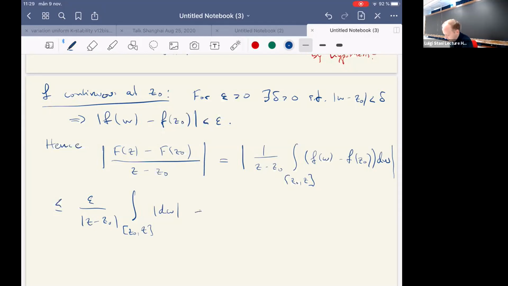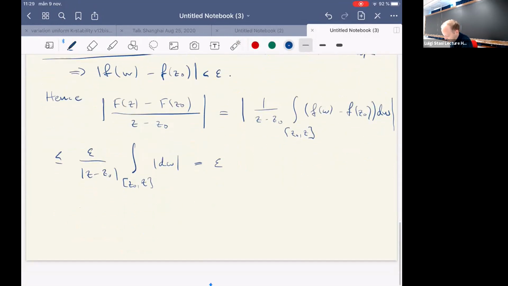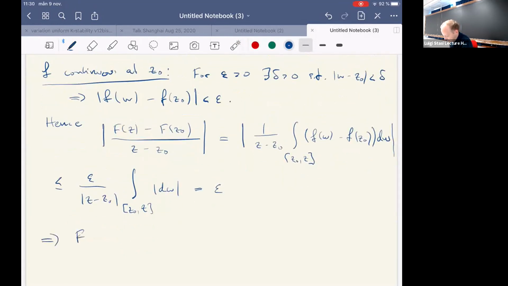What I pick up from the integral is just the length of this line segment, which is exactly equal to this. So what I get is simply epsilon. Okay, so this means that F is differentiable at z0.